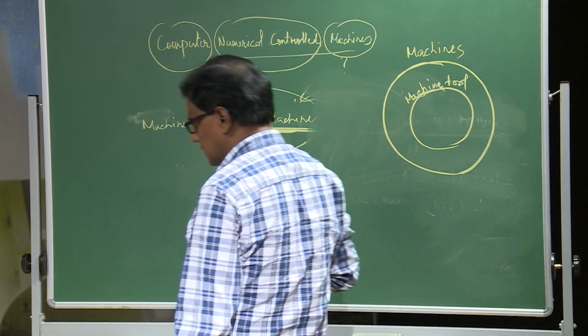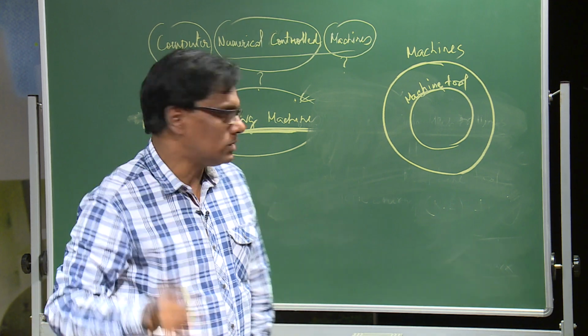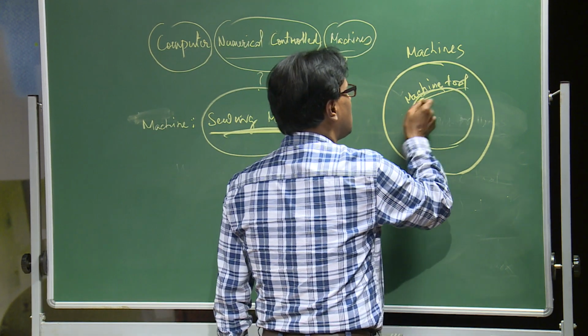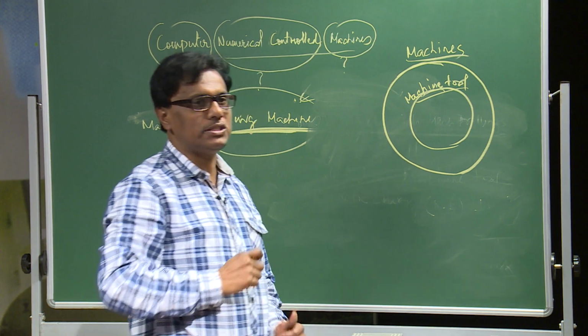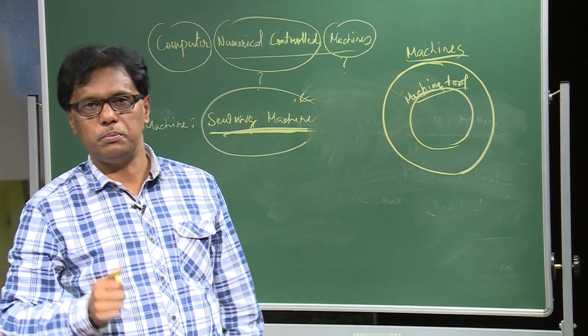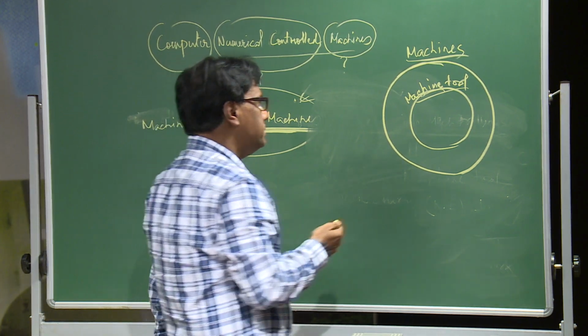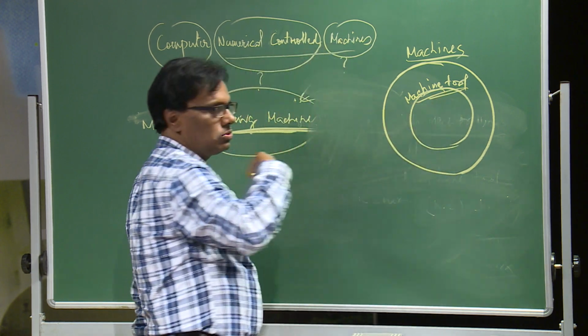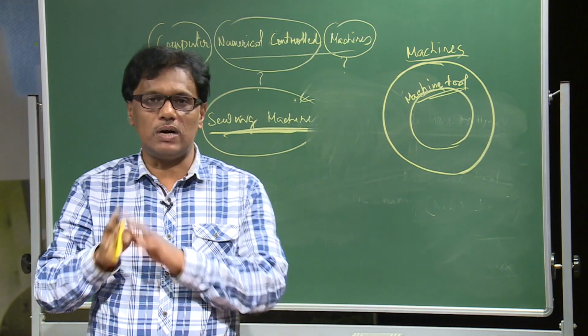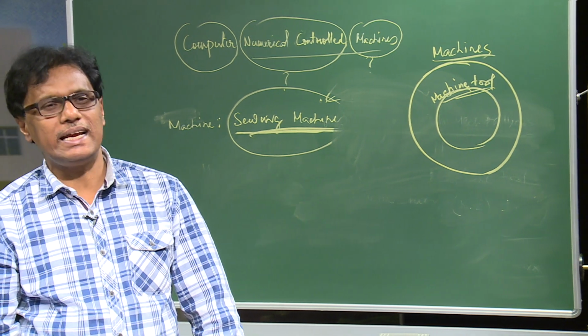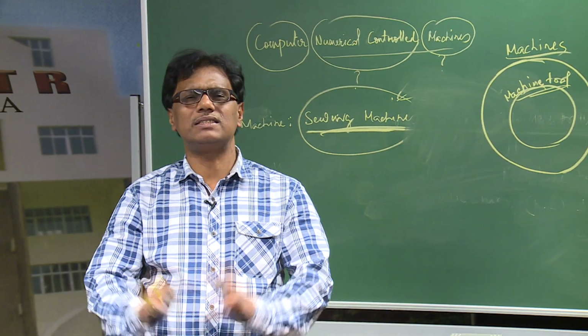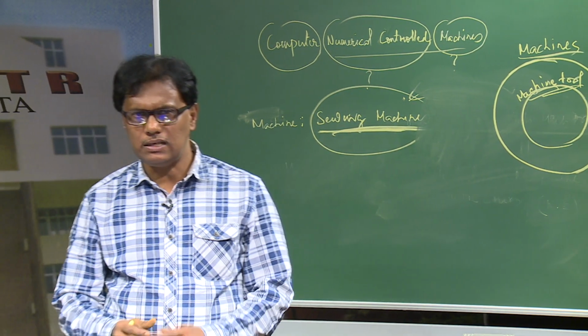That means I can say that all machine tools are machines, but all machines are not machine tools. Examples of machine tools, as I told you, what we are seeing in the workshop: lathe, milling, drilling, shaping, boring. All these machines are called machine tools.